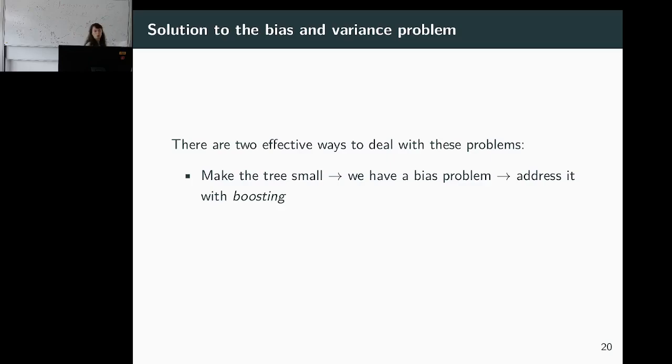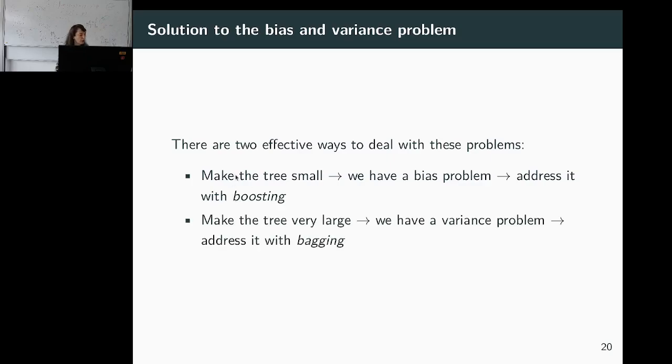And what we'll be doing today is making the tree very, very large, and we will accept that we will have a variance problem. Very large means we will split until we cannot split anymore. We will make all our leaves pure, and then address this variance problem with bagging.